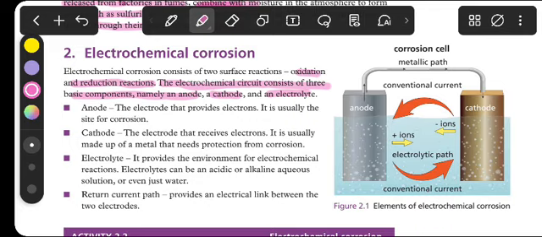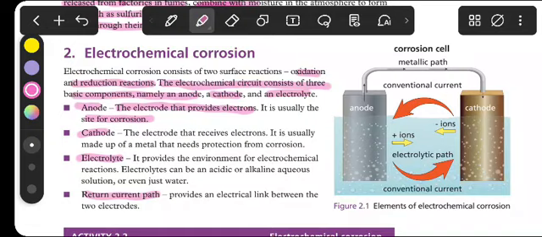We have the anode, cathode, electrolyte, and return current path. You can just name those things.